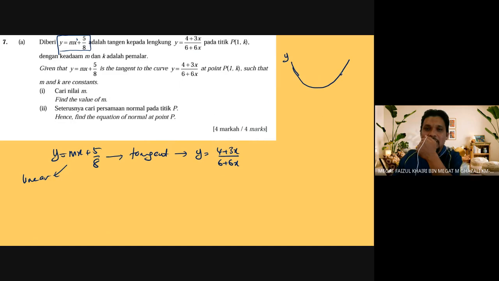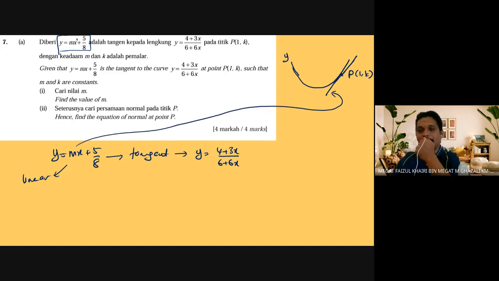Let's say at this point P, 1 and k, this is the tangent from this equation. Just imagine in that way. Given that y equal to mx plus 5 over 8 is a tangent to the curve at the point P(1, k) such that m and k are constant.